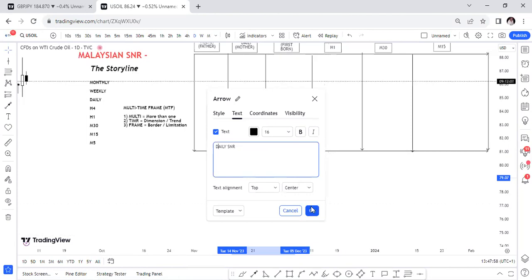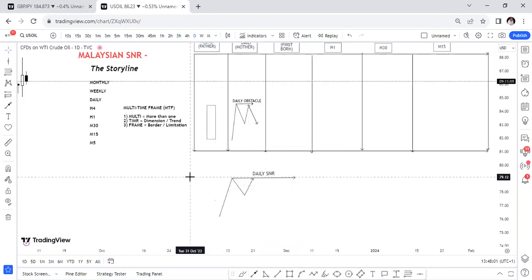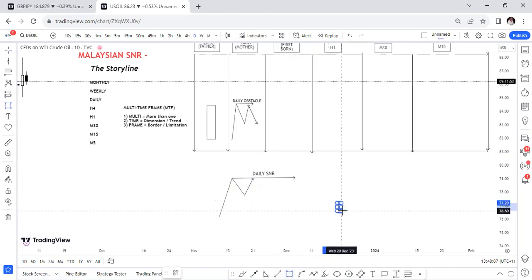In this place, your confirmation is going to be a daily price rejection candlestick.